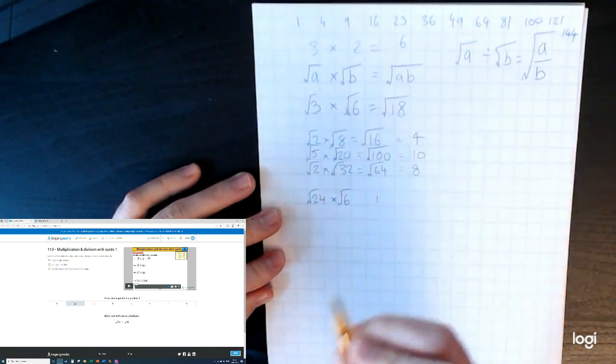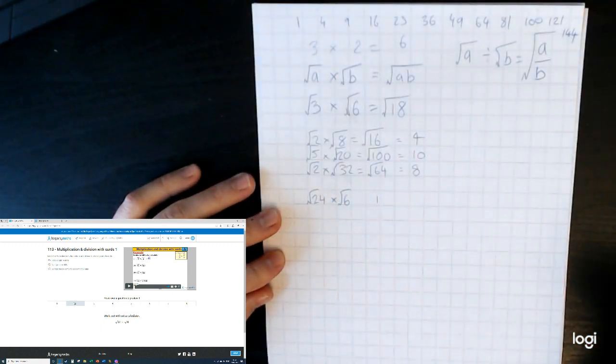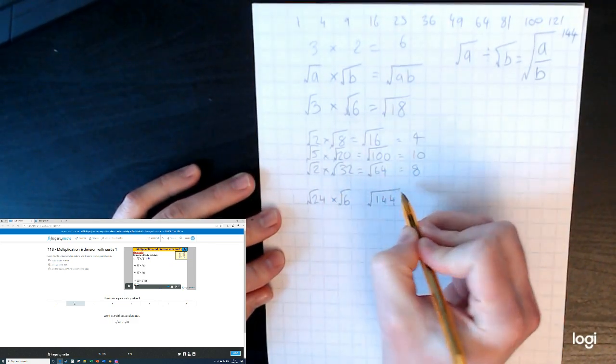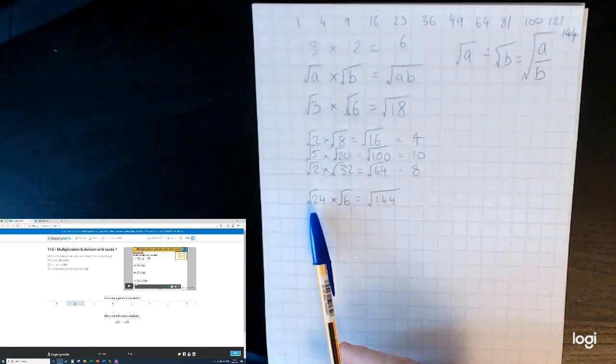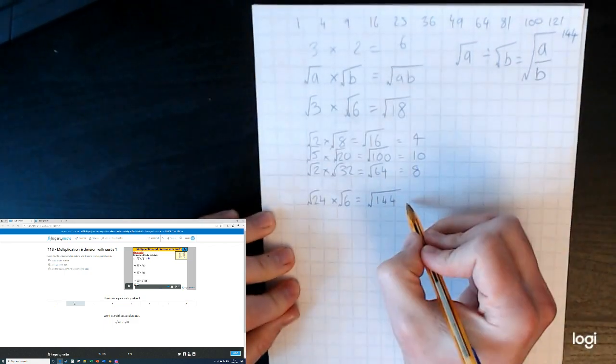This is where I should pause the video, but it's been that long since I feel like I've done maths myself. 6 20s are 120, 6 4s 144. If I'm wrong on this one, I'm going to cry later. So, 6 times 20, 120, 6 times 4, 24, 144, absolutely. And there you go, 12 12s. So we're just going to simplify that one back down to 12.